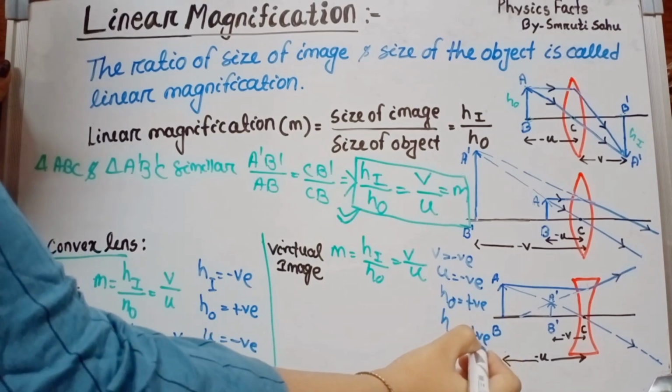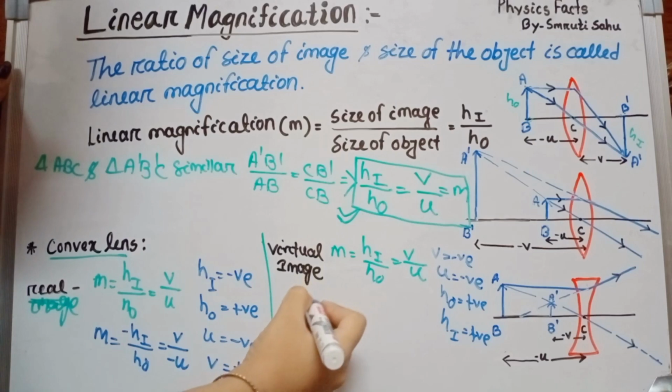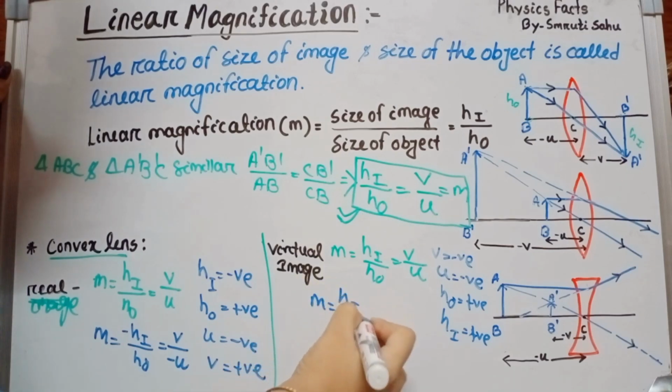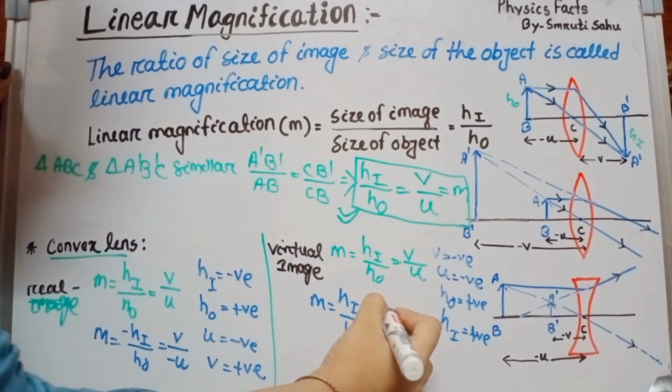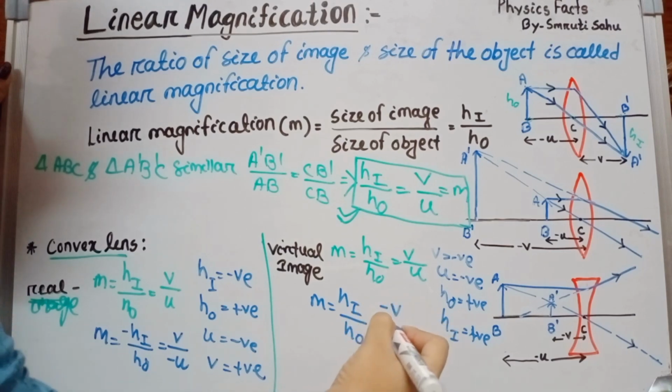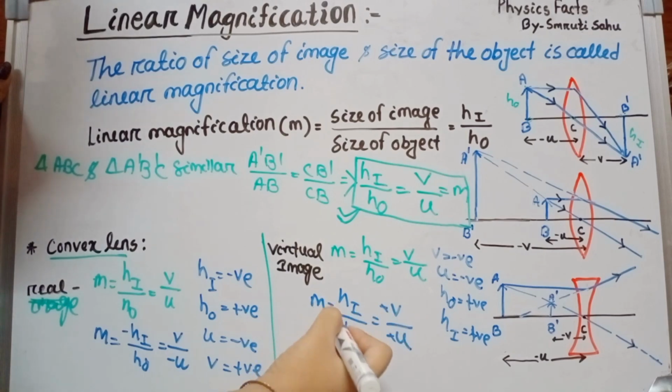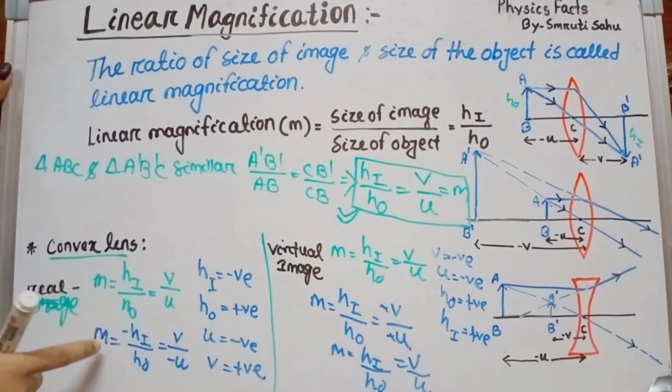Now you put all the sign conventions here. You get m equals HI, positive, HO, positive, then object distance negative and image distance negative. So negative, negative cancel, and here you get m equals HI by HO equals v by u. But for the real image you got m equals minus HI by HO equals v by minus u.